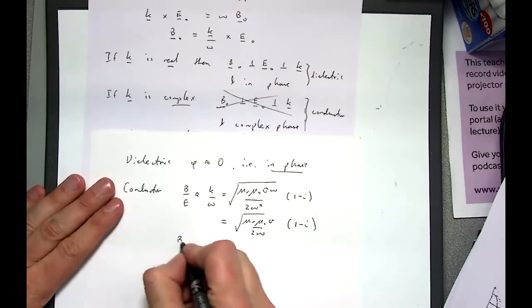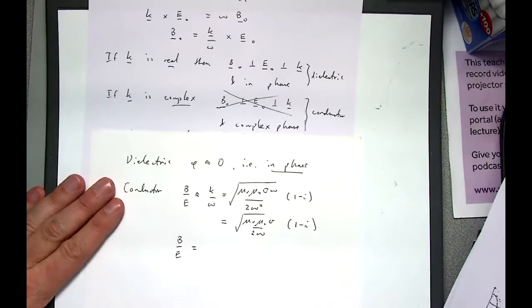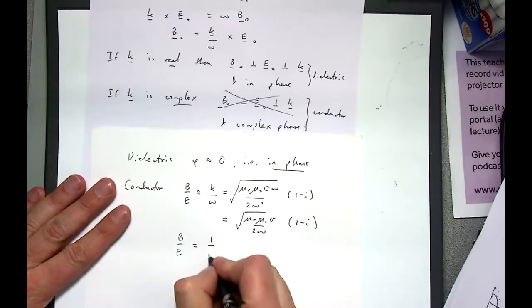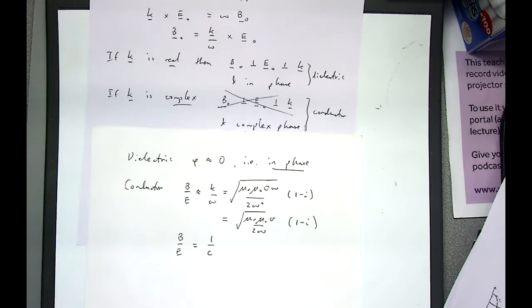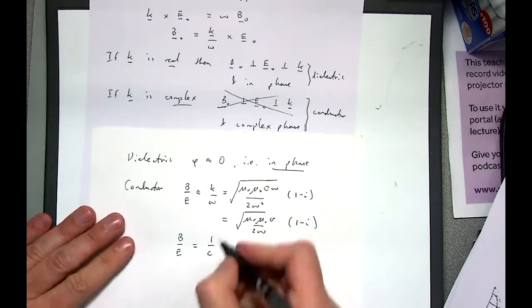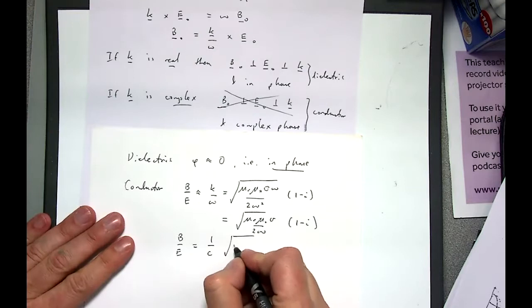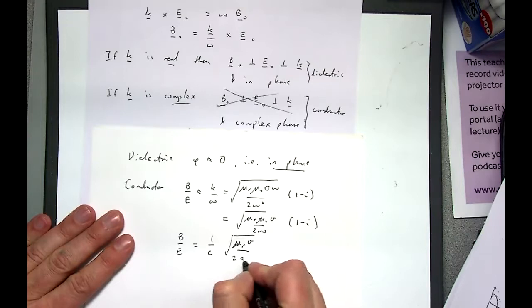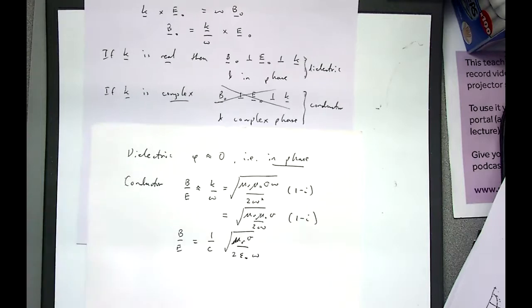We see that B over E, if we extract out the mu naught and epsilon naught, I can write down a 1 over C, which I expect to see as a general scaling. So that's my free space situation. Right? But it's modified. It's modified by mu r, the relative permeability, sigma over 2 epsilon naught omega, right? So the mu 0 has jumped out and the epsilon 0 has jumped in, okay?